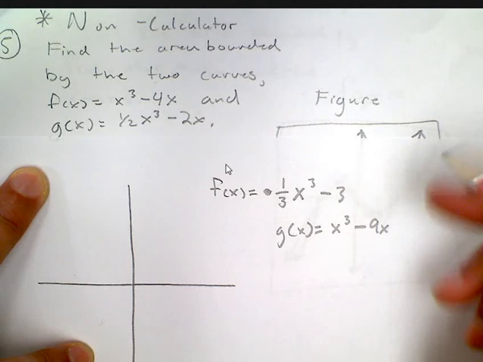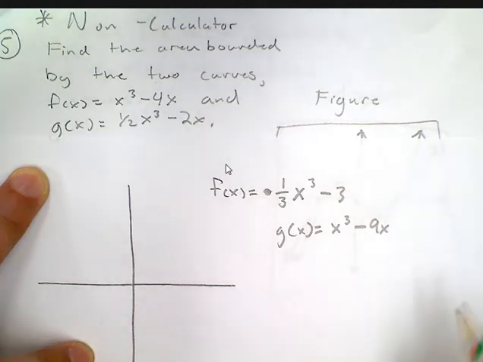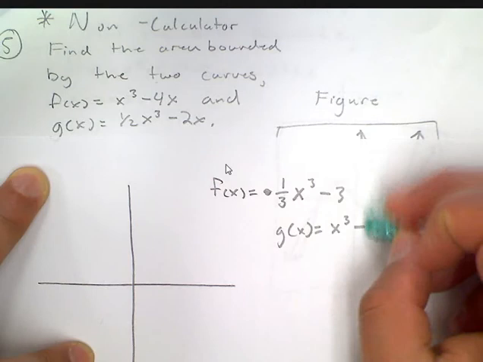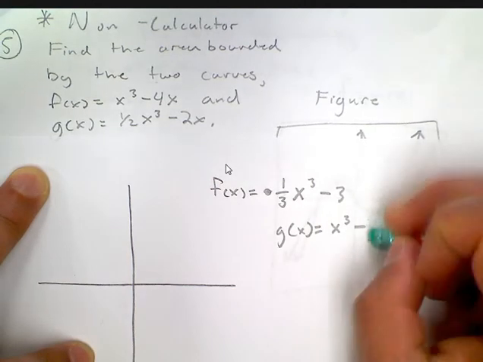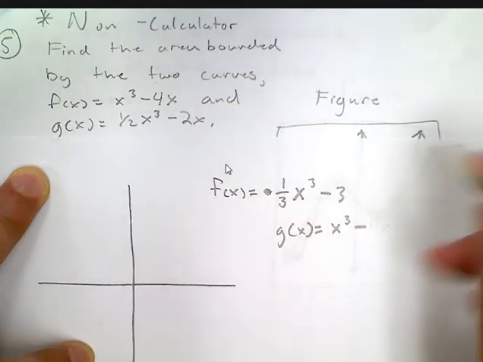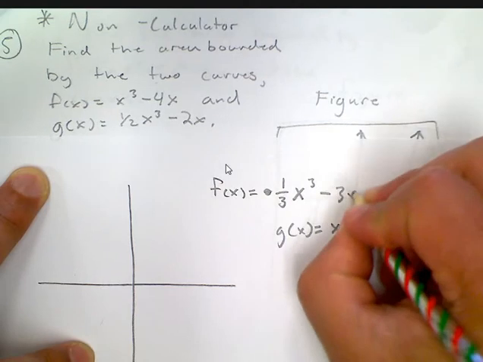Well, let's make it interesting. Let's make it x cubed minus 16x. Actually, that's minus 3x, minus 16x.